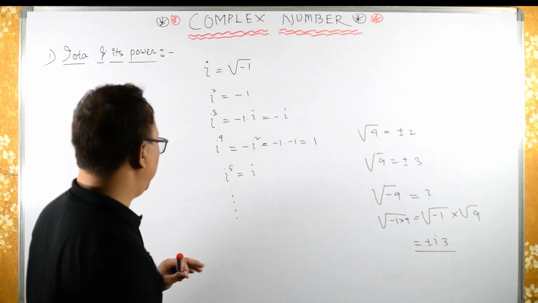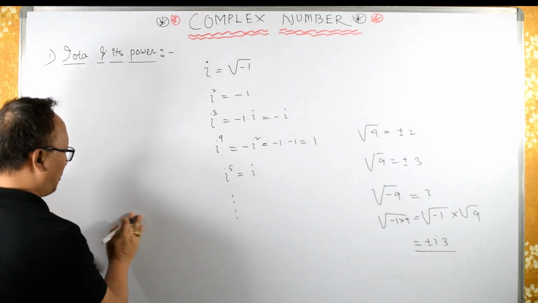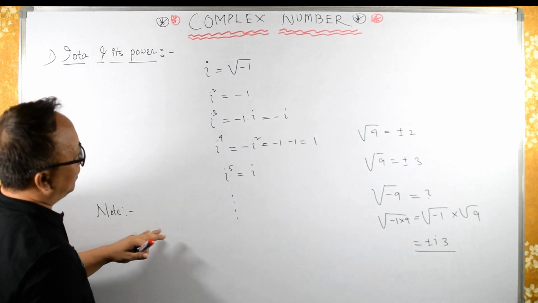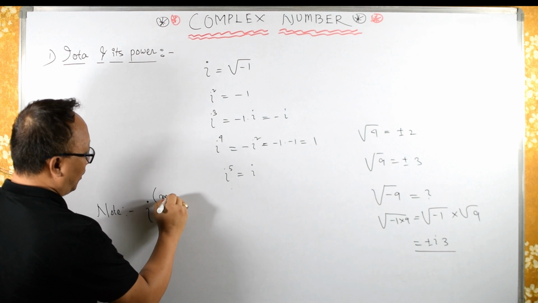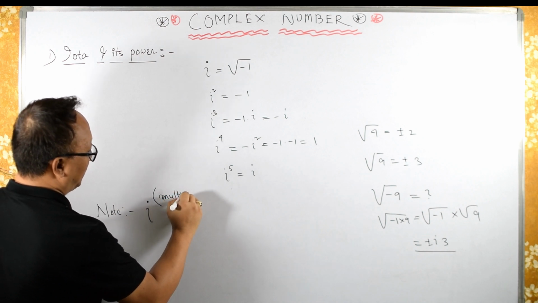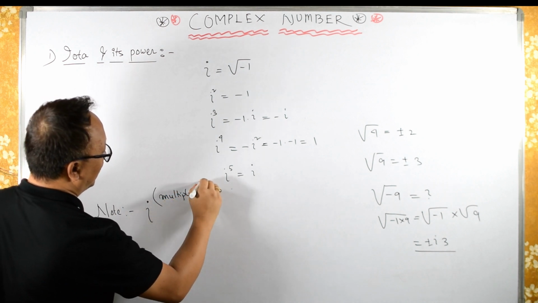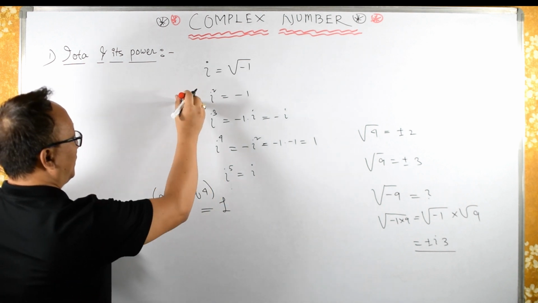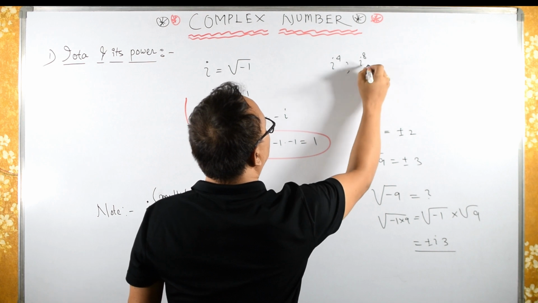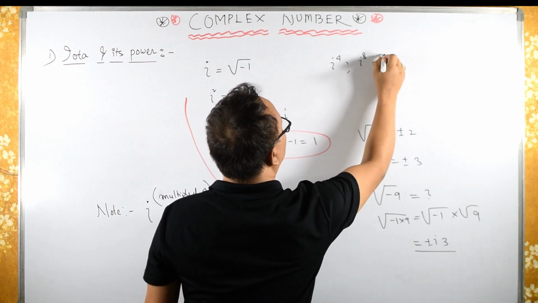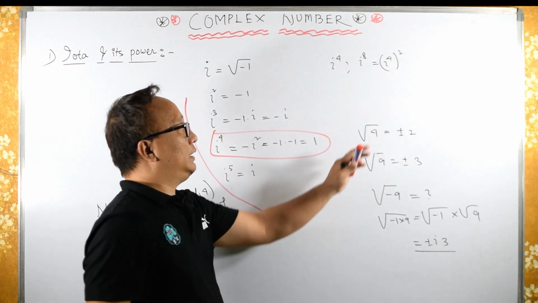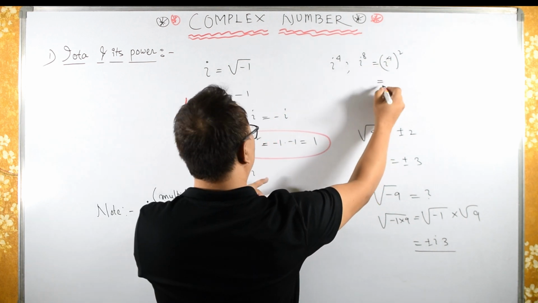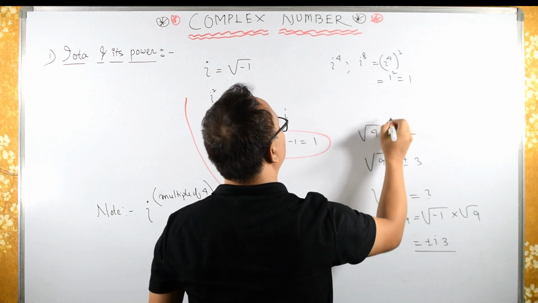But we have a property, or you can say a note: i raised to a multiple of 4 equals 1. If you want to find i raised to 8, it is the same as i raised to 4 into 2. Since i raised to 4 is 1, 1 raised to 2 is 1.